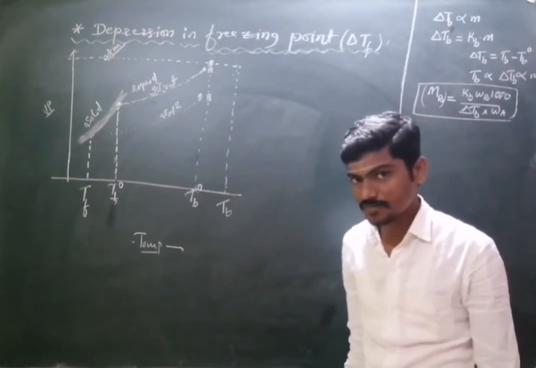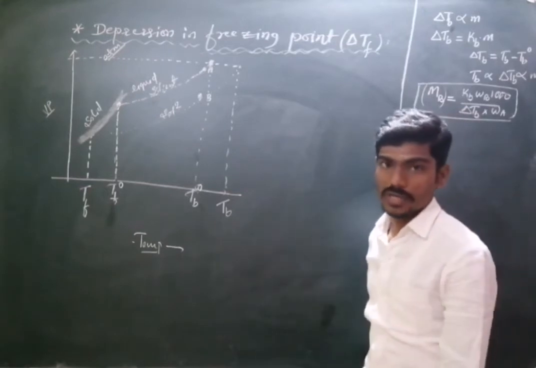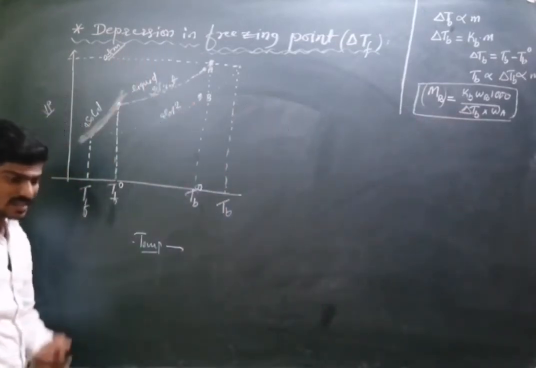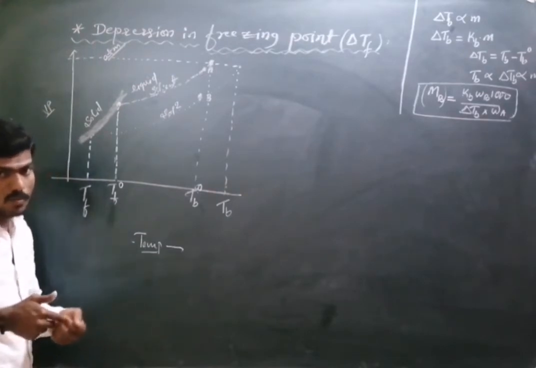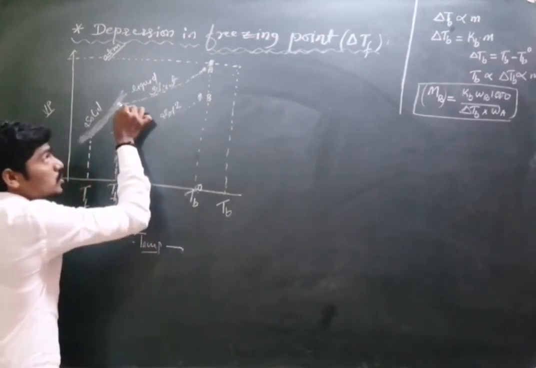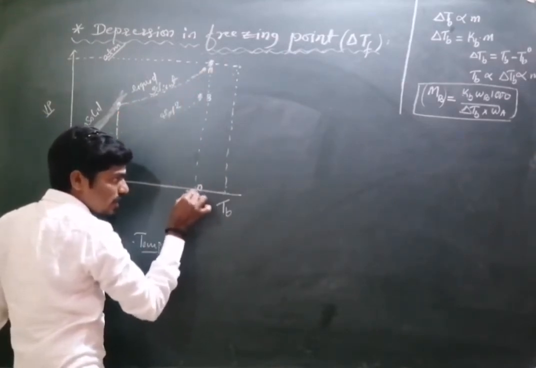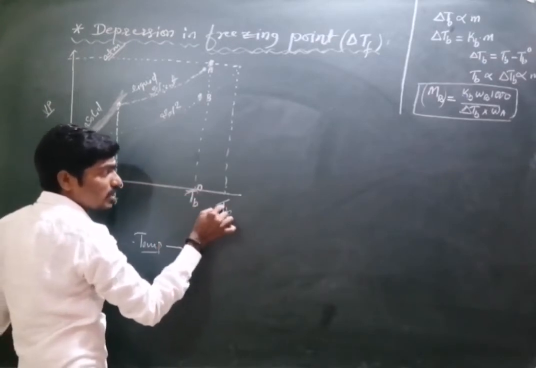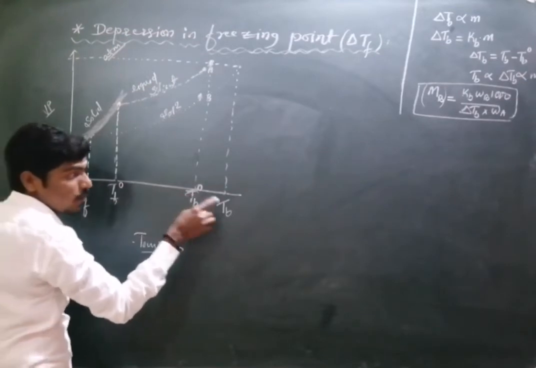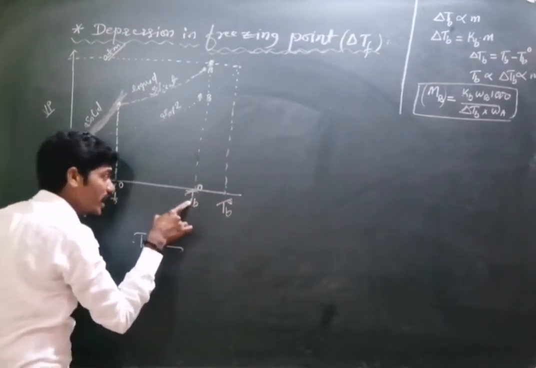The definition is clear. Everything remains the same as we discussed in boiling point. What is meant by depression in freezing point? That is a decrease in freezing point. In boiling point, the solvent has the boiling point T naught B, whereas the boiling point of the solution is higher than that of the solvent.